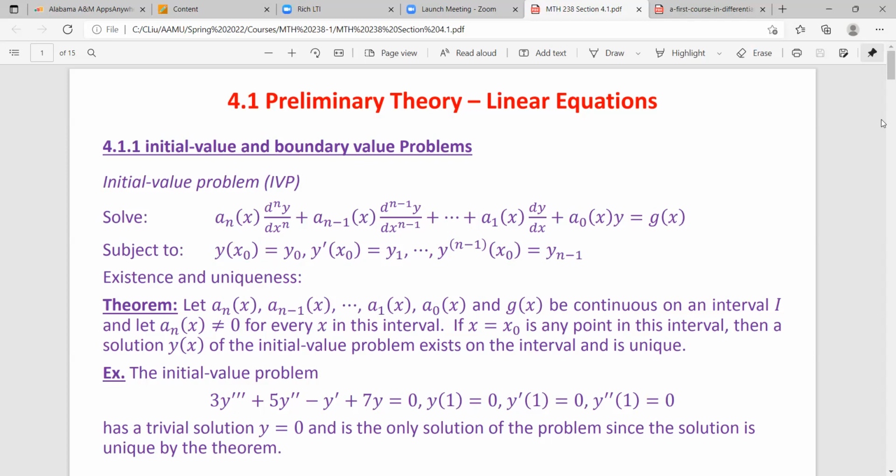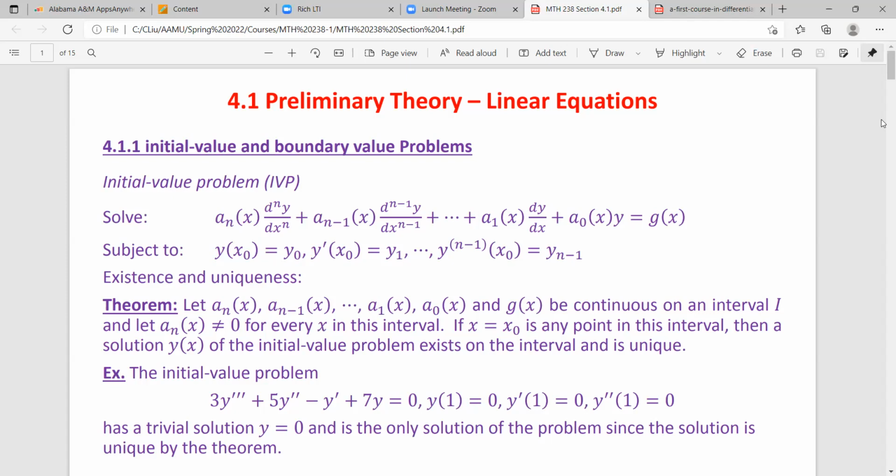In reality, it turns out that the initial value problem for a linear differential equation is very simple. So that's the theorem. It says let a_n(x), a_{n-1}(x) to a_1(x), a_0(x), and g(x) be continuous on the interval I. So we want those coefficient functions to be continuous, and let a_n(x) not equal 0 for every x in this interval.